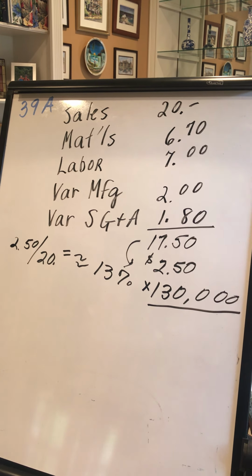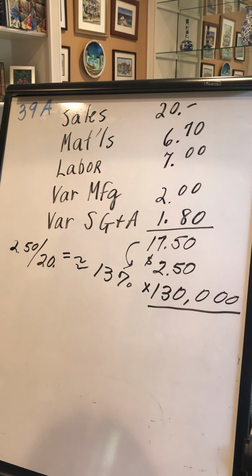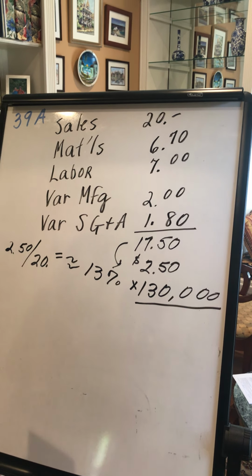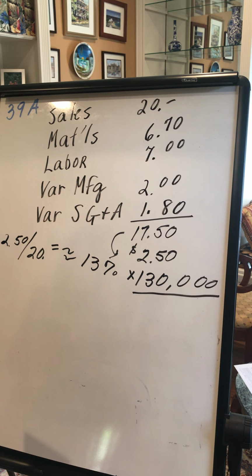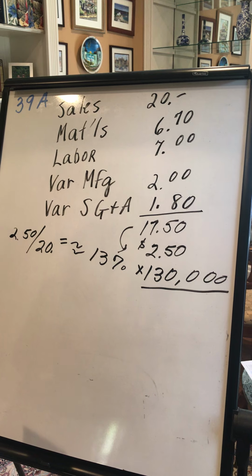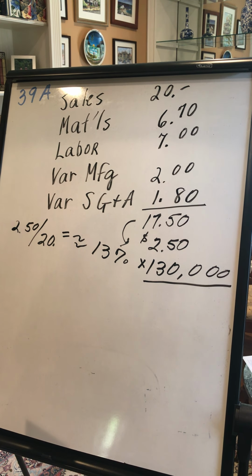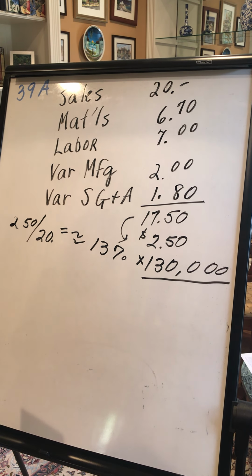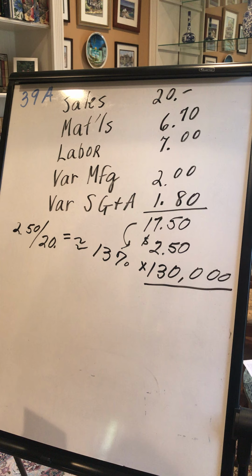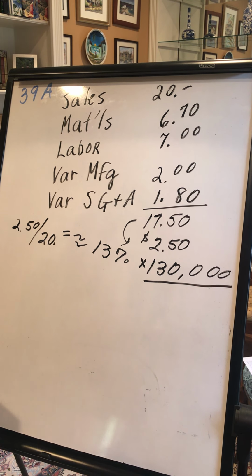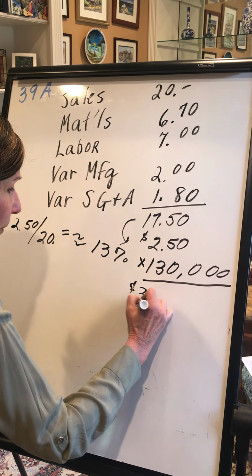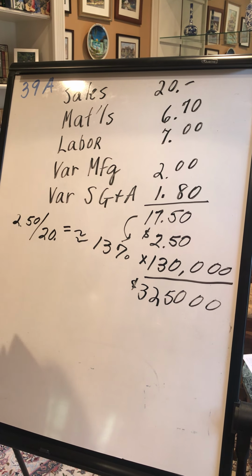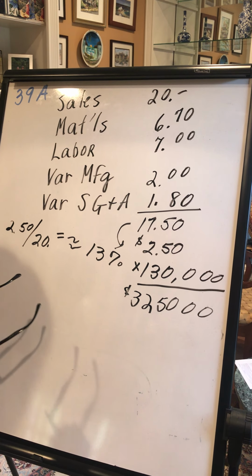And this one I will need my calculator for. 130,000 times $2.50 is $325,000. So that's the total contribution margin. And there are the answers to number 1. So none of this is particularly new, okay?